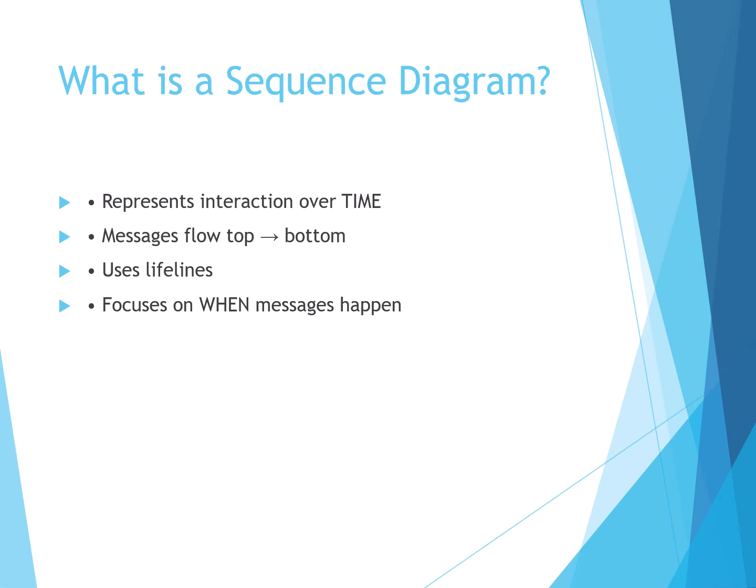So imagine a timeline from top to bottom. Every message happens in order. It's like watching a movie scene in slow motion, where each dialogue represents a message being sent. Okay? That's all for the sequence diagram. If you want more details on how to draw a sequence diagram, I have already created a video. You can watch that. Okay.